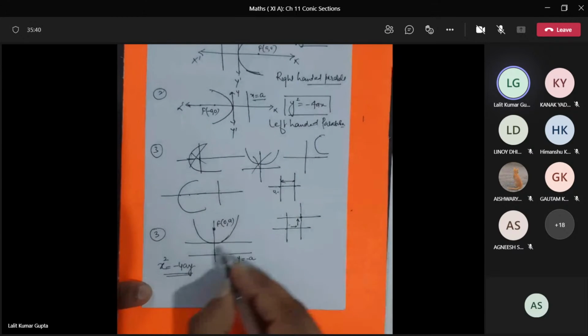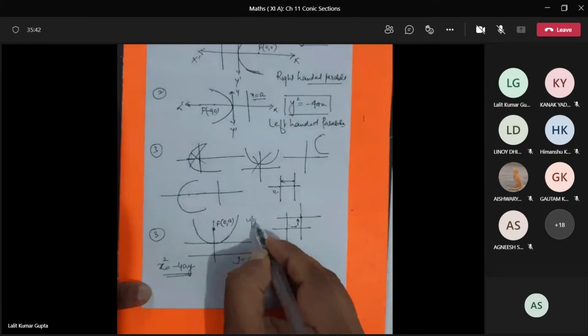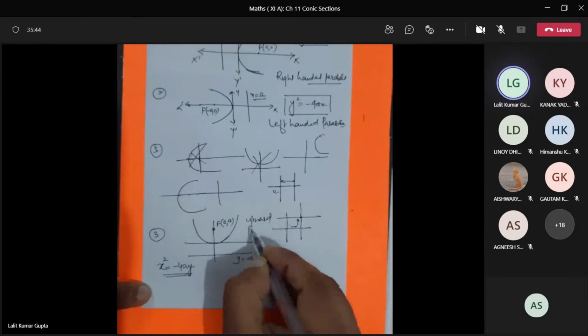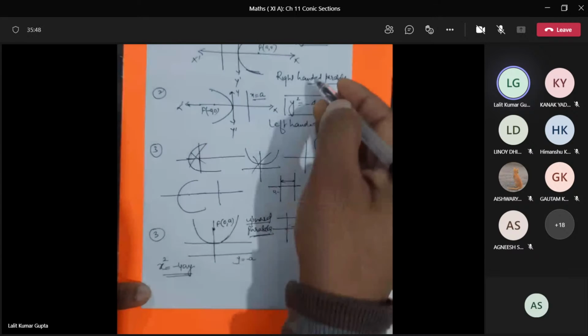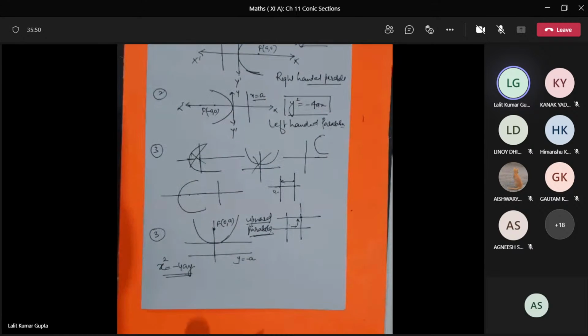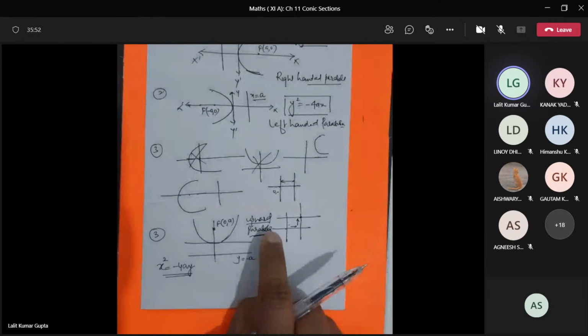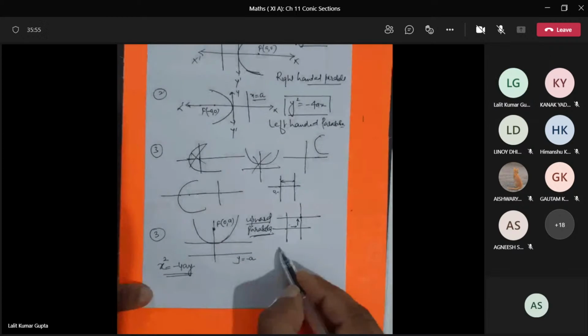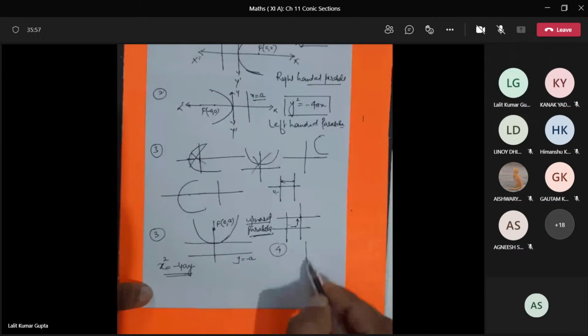And this is known as the upward parabola. You have to remember these names so that when we solve questions in class 12, you can directly recognize this is the upward parabola. Now the fourth one is the downward parabola.